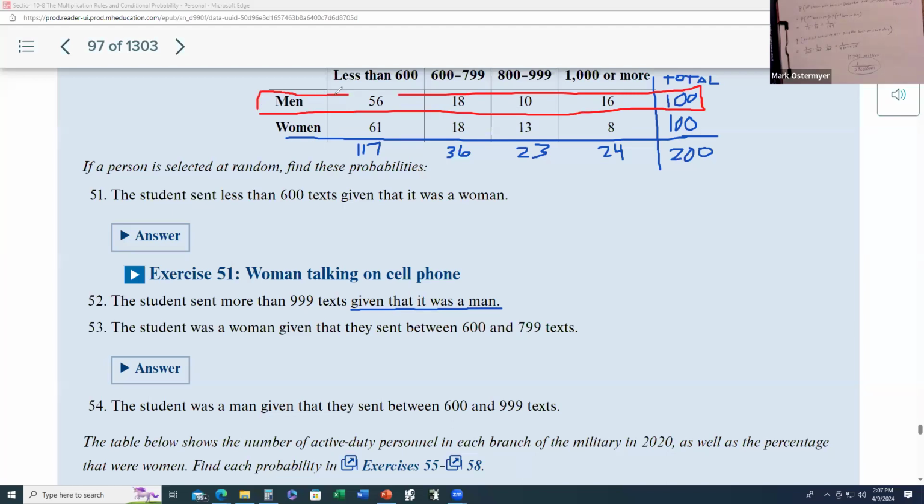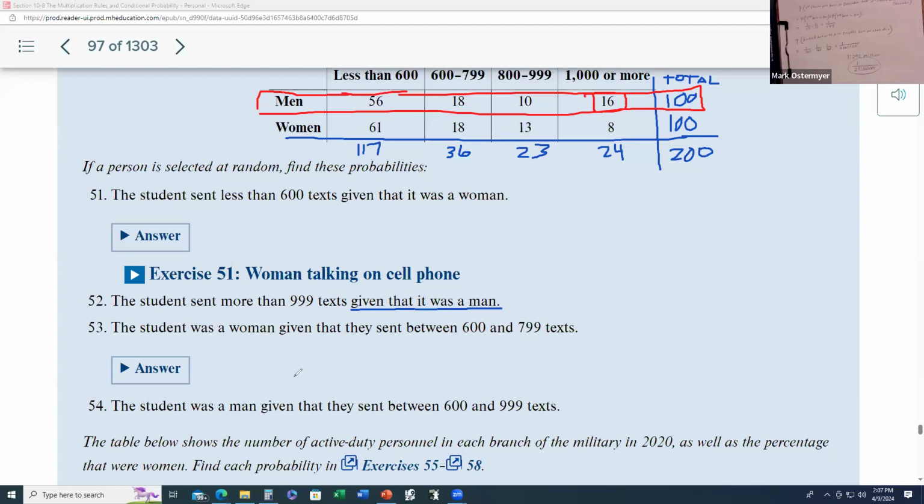Given we're locked into the man column, then what is the probability? That's a row, the men row. You're right, it's a row. So then what is the probability that the man sent more than 999 texts? That'd be 16 over what? 16 over 100. 16 over 100 is the probability.